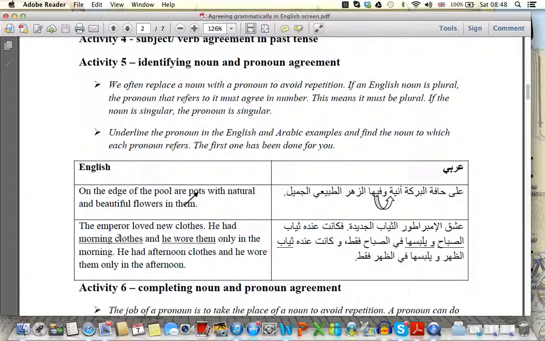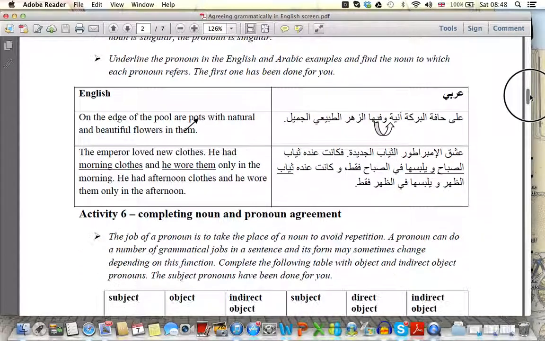Similarly, in the emperor's mourning clothes, he wore them. Them is the plural referring to clothes, whereas in Arabic we have yalbus ha, and ha refers to the plural noun thiyab. Different system, we have to remember how the system works in English.